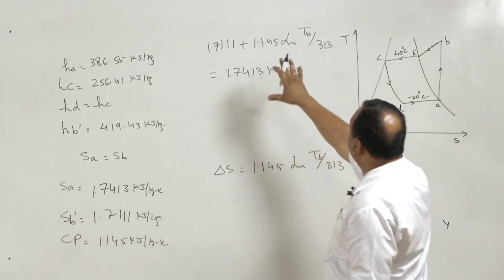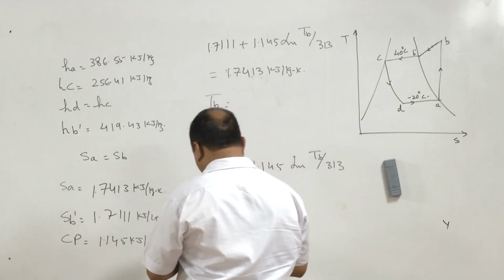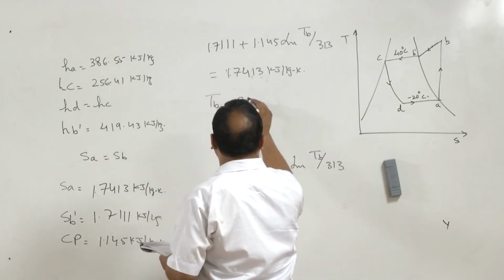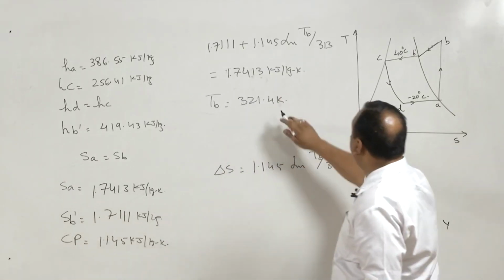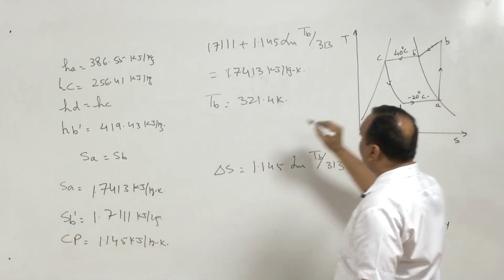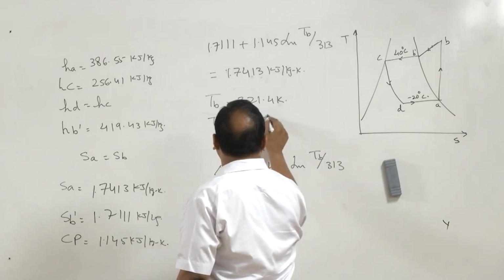If we solve this, the value of TB is going to be equal to 321.4 Kelvin. Once we have the value of TB, we have the value of TB dash, that is 313.0 Kelvin.